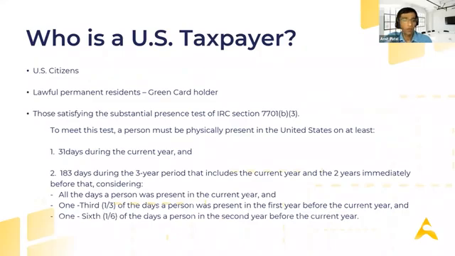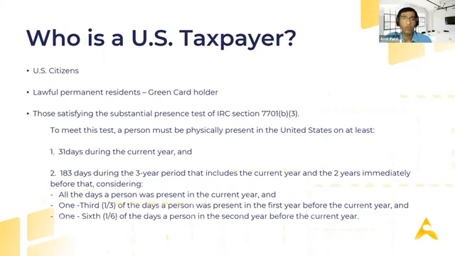And the way that calculation takes place, if you are determining the residency for year 2021, you will consider the number of days you stayed in the US over 3 years, 2019, 2020, and 2021.